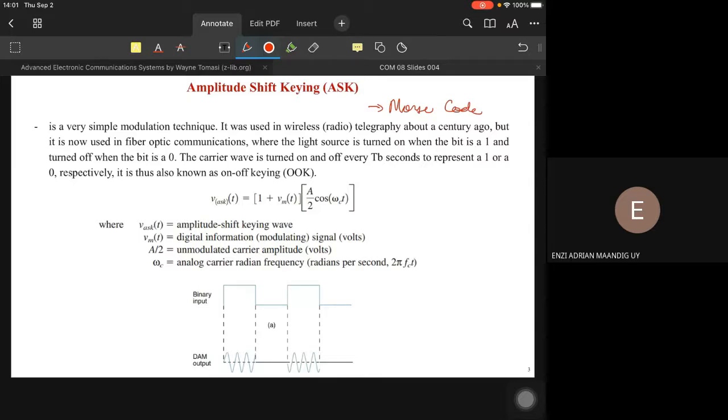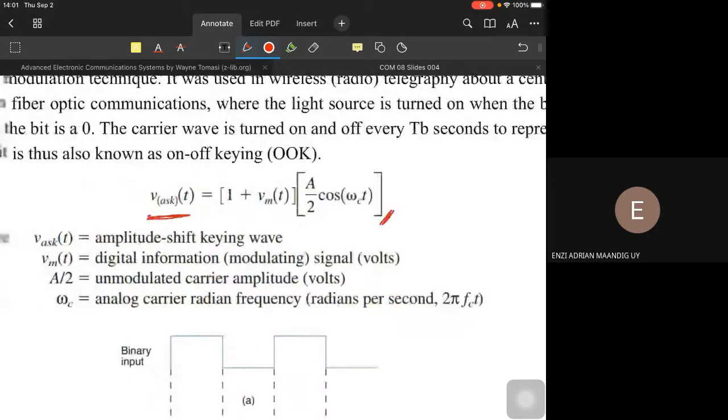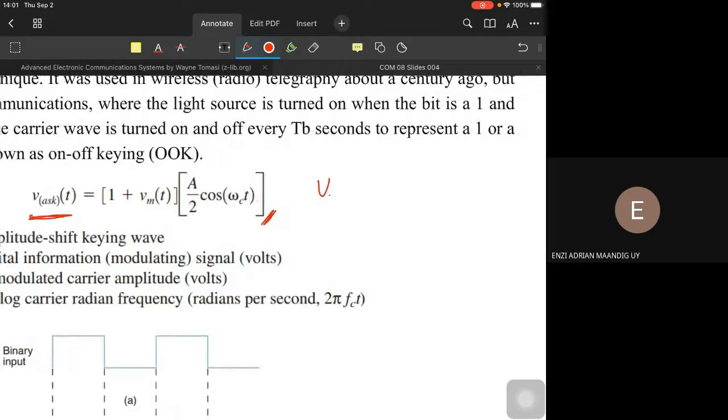So if we'll use a mathematical approach, the output of an ASK system could be described by this equation, okay? Where VM, or the voltage of the modulating signal, could either be, in this case, 1 volt and negative 1 volt. 1 volt if logic 1, and negative 1 volt if logic 0, or if off.